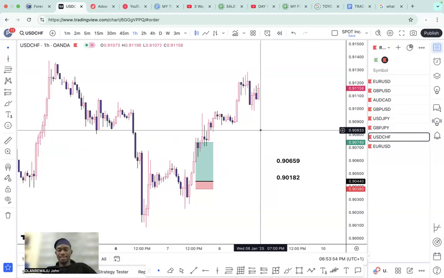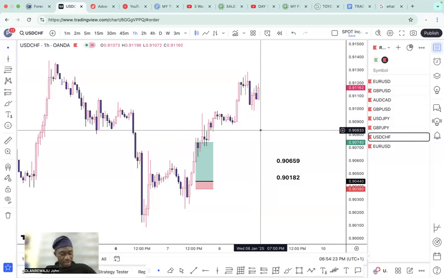So in this case, when we want to find the pips difference between the open and the close, since it has 0.90 in common, we can just ignore those and pick 659 minus 182. Don't forget that that 9 and that 2, they are pipettes. But in this situation, we'll still have to include it. Just follow the example. You will get it.